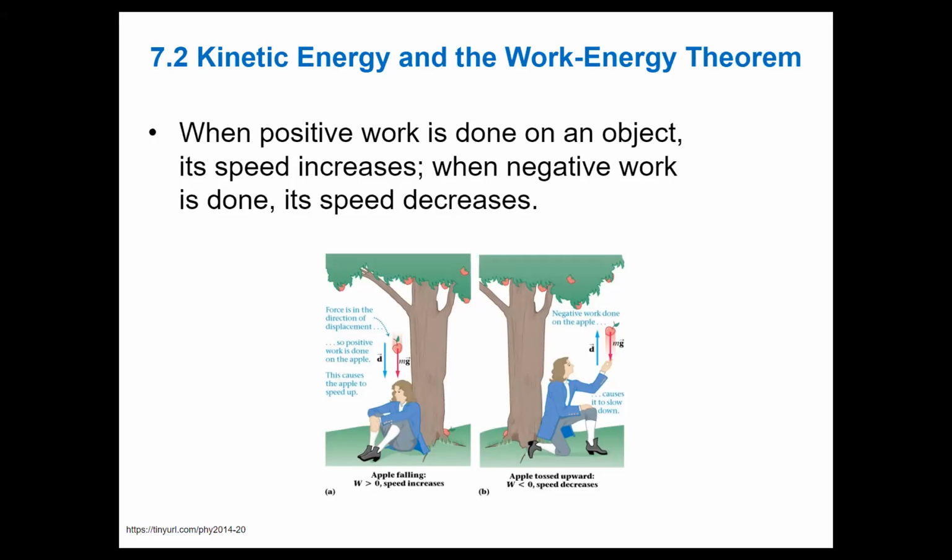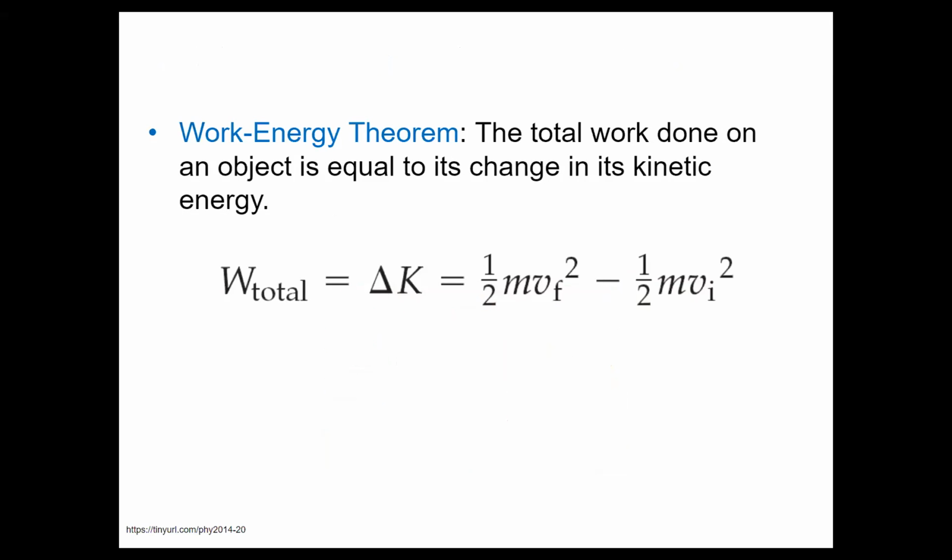Otherwise, if negative work is done on the object, then the speed will decrease. This is also represented in the work energy theorem: the net work, or total work on the object, is equal to the change in the object's kinetic energy, where kinetic energy is defined as 1/2 mv squared. So that's related to the speed.